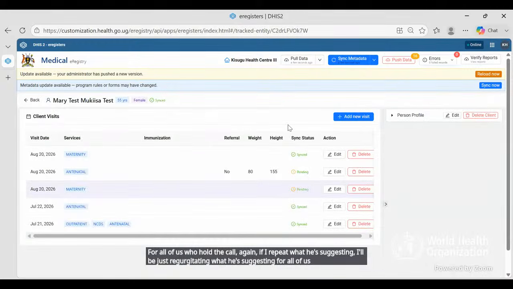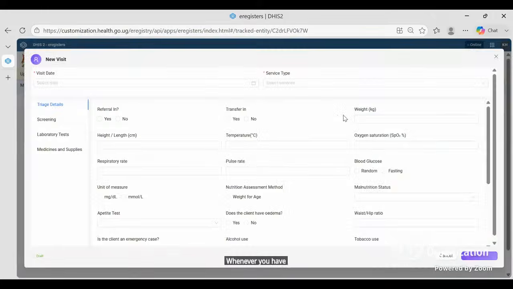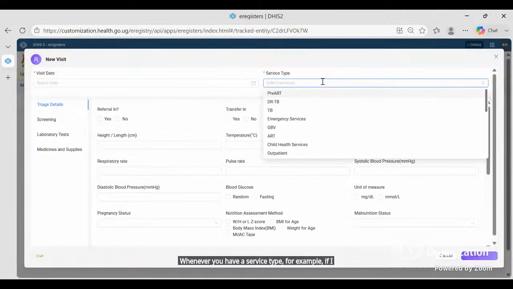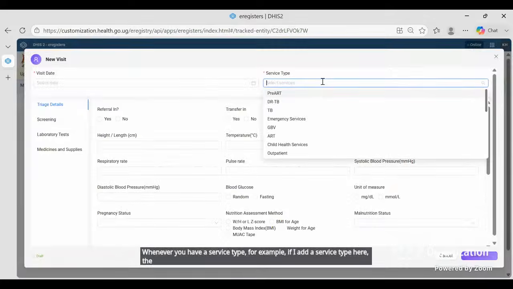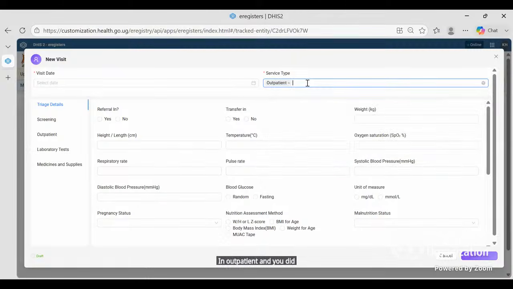But basically, what you should be seeing is that whenever you have a service type, for example, if I add a service type here, the HIV testing that we are doing is at different points. So whether you're in outpatient and you did HTS, you should be able to add the HTS service type.